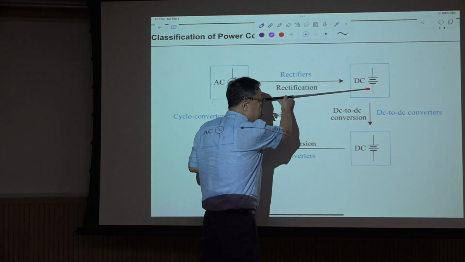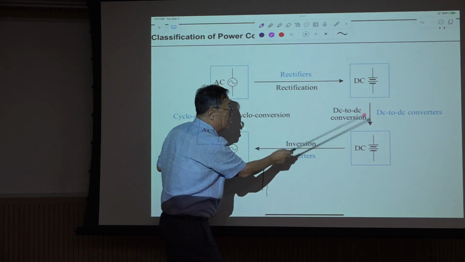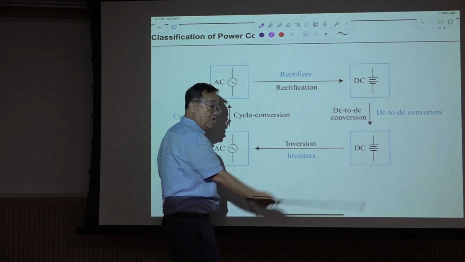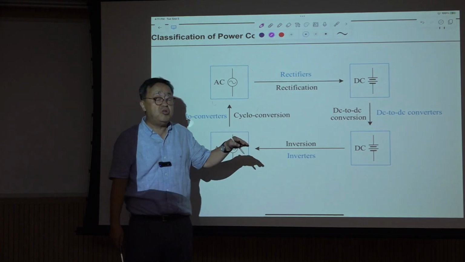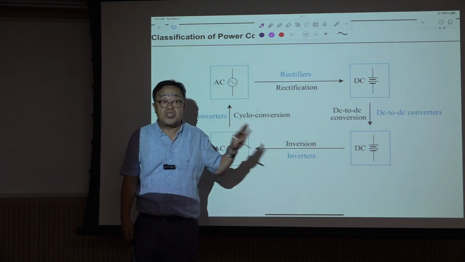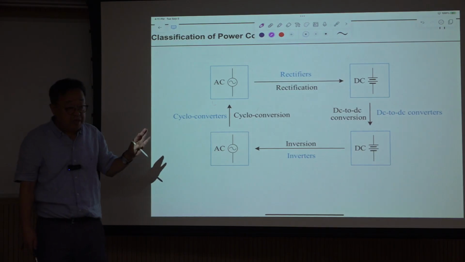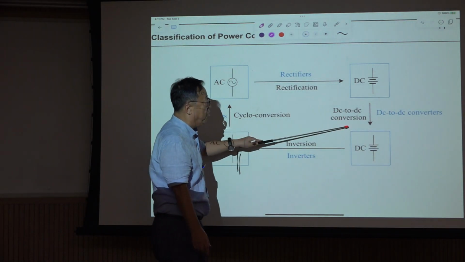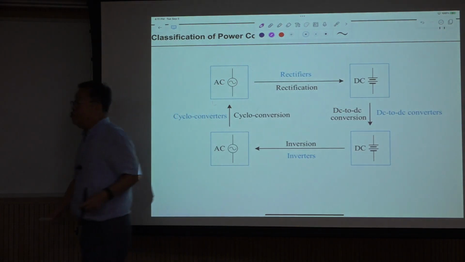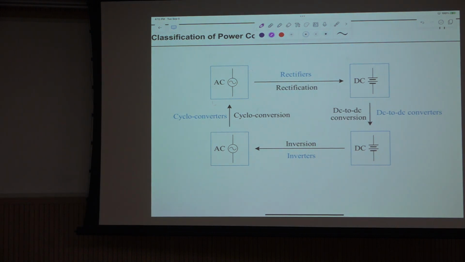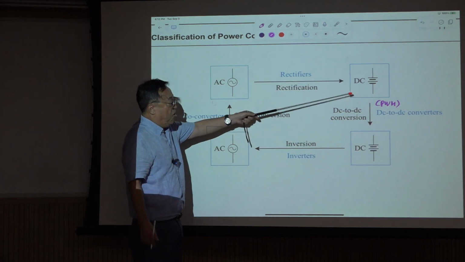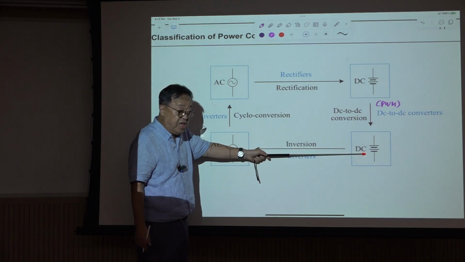We change this DC to another DC. What are we changing? The amplitude of voltage. You are changing the magnitude. So this is DC power conversion, and if we use the PWM technique, not the resonant technique, then it is called a PWM DC to DC converter. We converted DC to another value of DC.